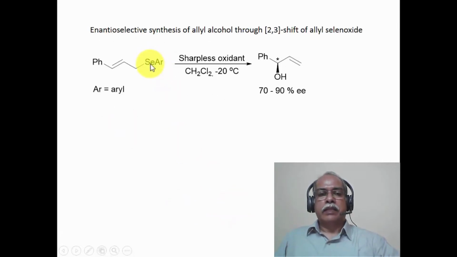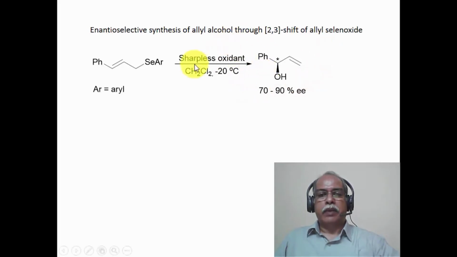If the selenoxide can be generated in an enantiospecific manner using Sharpless kind of a reagent. Sharpless oxidation is nothing but the oxidation of an olefin using titanium tetraisopropoxide as a metal template, diethyl tartrate as a chiral template, and then tertiary butyl hydroperoxide as an oxidizing agent.